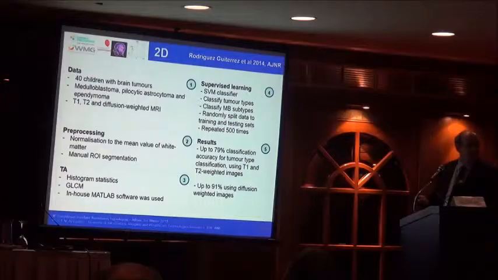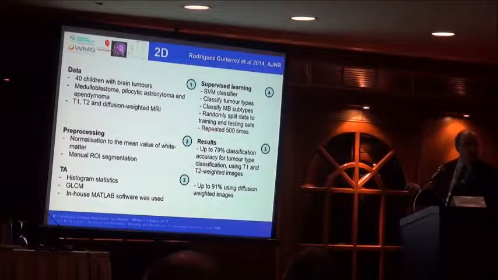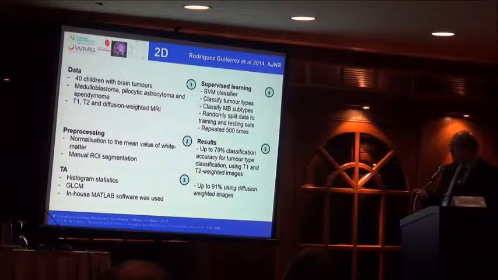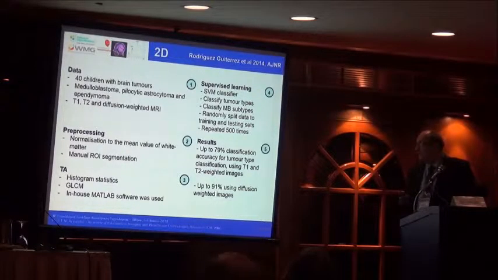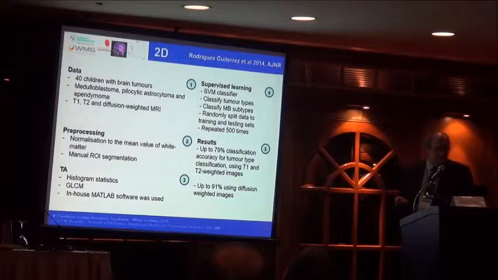Although we did manual segmentation, and then we looked at particular histogram statistics, and the results were a little bit more impressive if you use classifiers which are more flexible, like machine learning classifiers. And 79% classification accuracy for tumor type was excellent, and up to 91% using diffusion images. Radiologists were ecstatic. They were saying they are destroying our job. On the other hand, it helped us a lot.